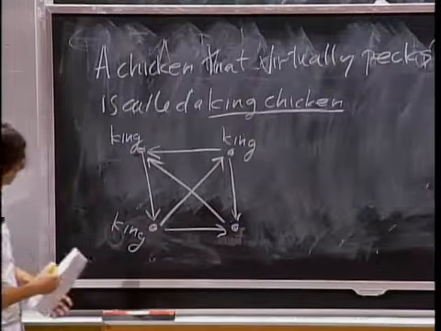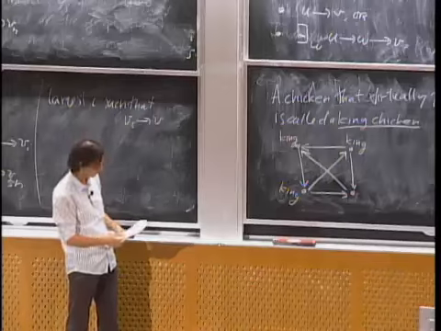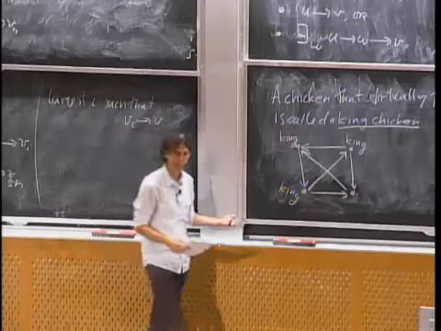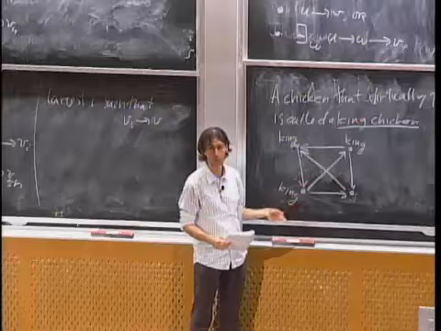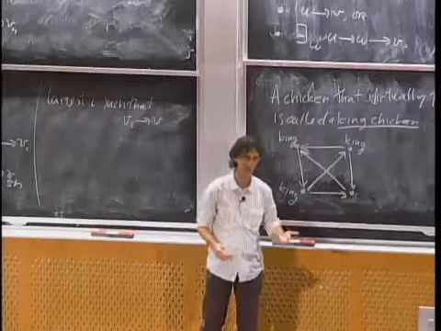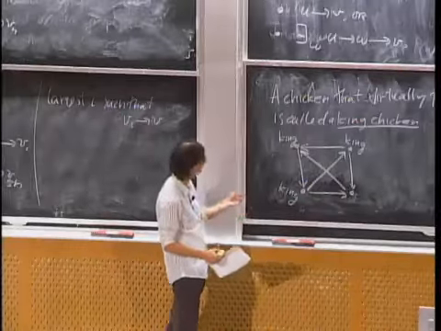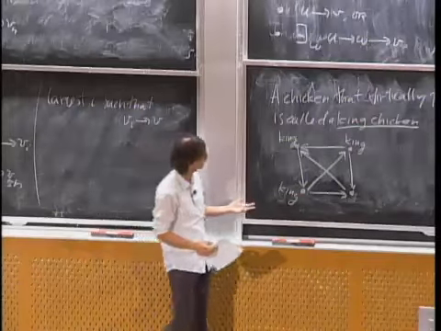And so now what we want to prove is a theorem that tries to identify one of the chickens that we know for sure is going to be king. So you can have multiple kings, but maybe there's one chicken that from our intuition we may feel is definitely going to be king. So what would be a good intuition?